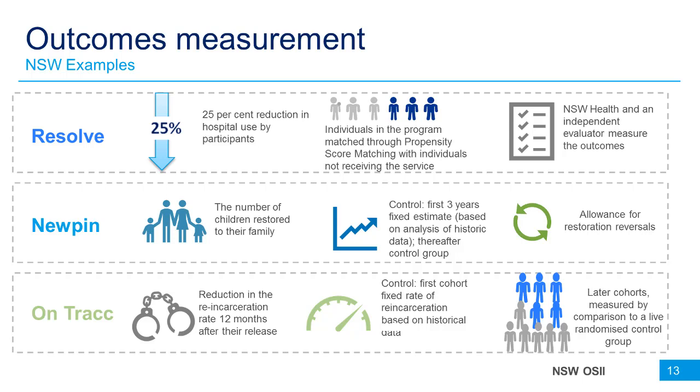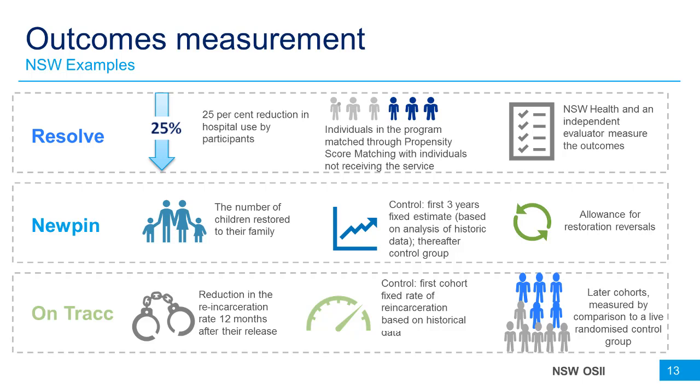The individuals in the program are matched using a propensity score matching process with individuals who aren't receiving the service. That enables the Ministry of Health and the service provider to provide an accurate measurement of the level of service usage of the people in the program against a similarly matched set of individuals.